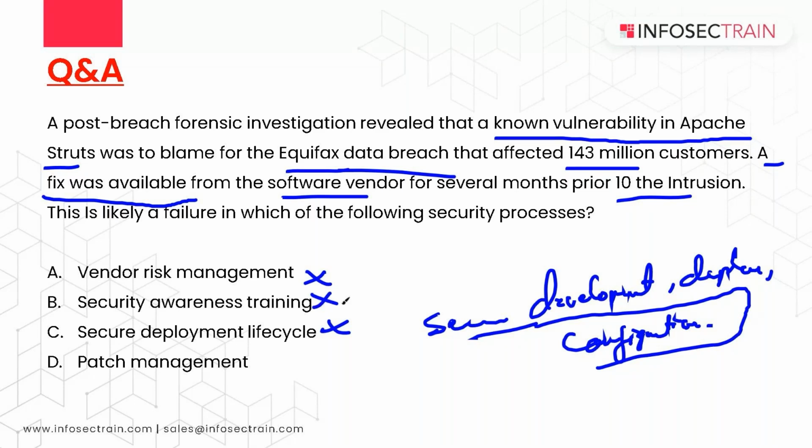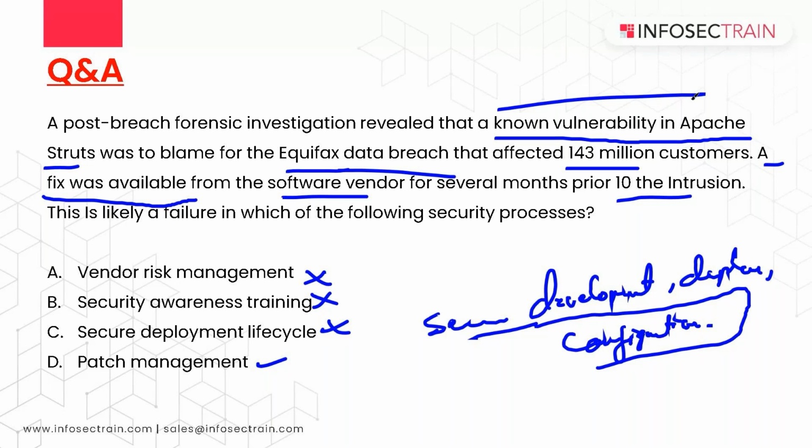Then after this we have patch management. In the organization, we identify, prioritize, and deploy the security patches based upon our vulnerabilities. In this particular scenario, we had a known vulnerability that existed for months before the breach.